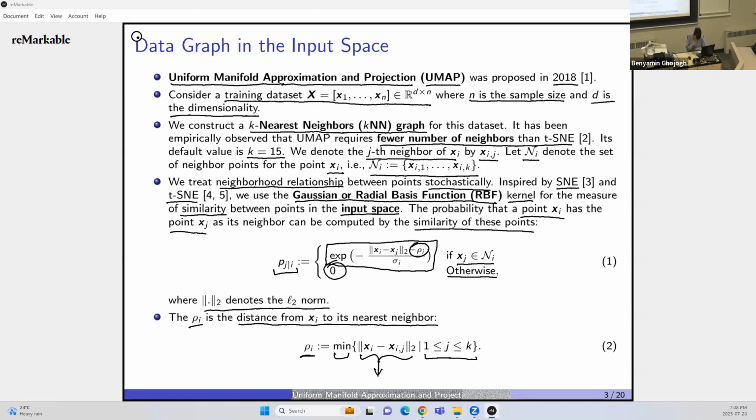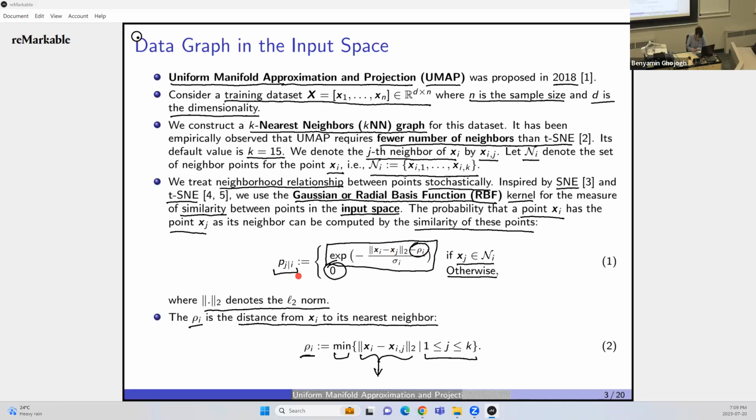And why do we do that? Because we want to normalize this. That's the reason we have minus rho i in the numerator, because we want the smallest distance to be 0 in the numerator of this Gaussian distribution. Therefore, for the nearest neighbor, when this becomes 0, e to the minus 0 becomes e to the 0, which is 1.